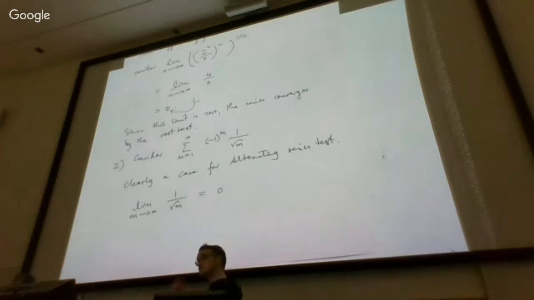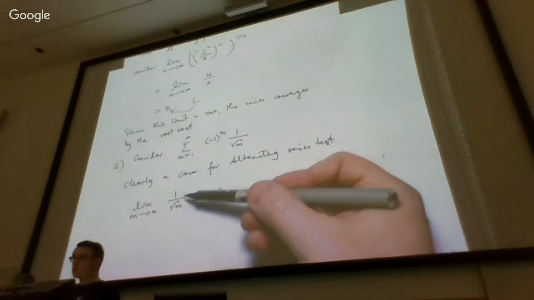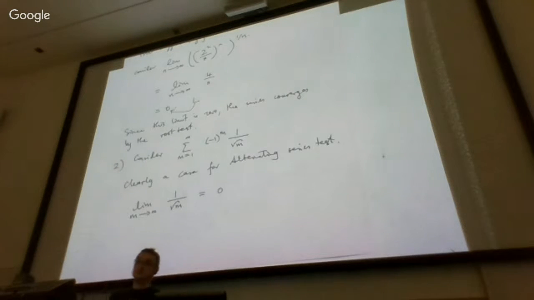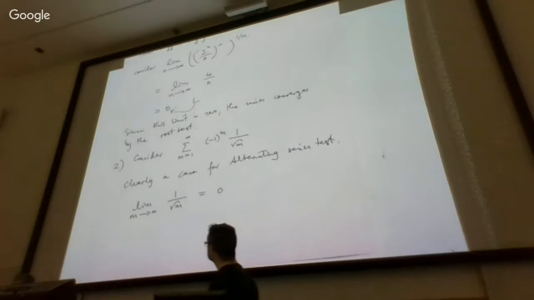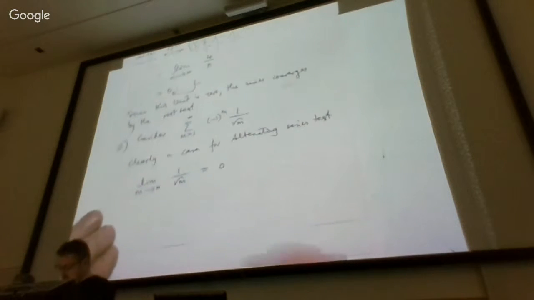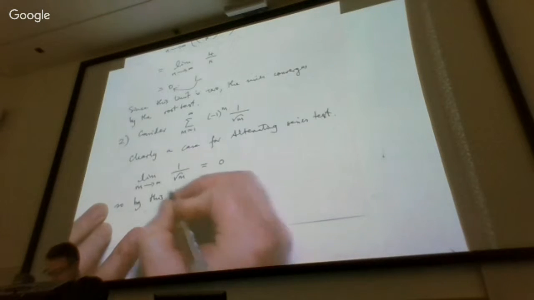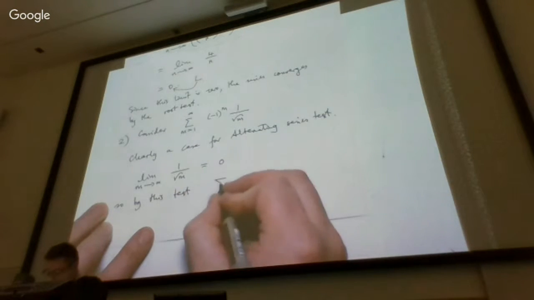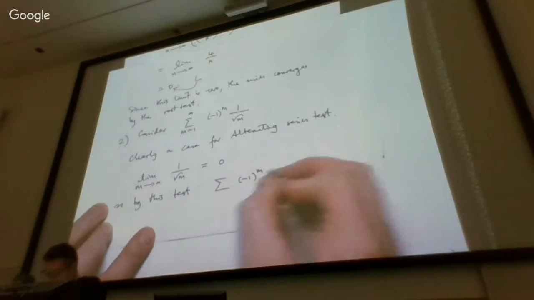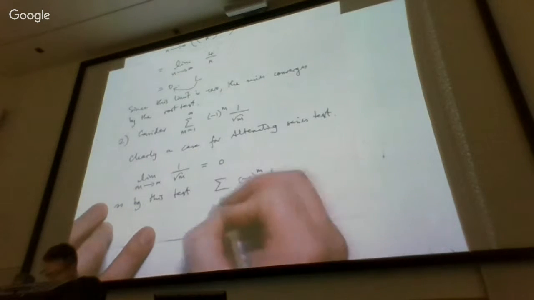The square root of n is increasing without any upper bound, so the reciprocal of it is going to be decreasing towards 0, getting closer and closer. So the conclusion: by this test, this series is convergent.